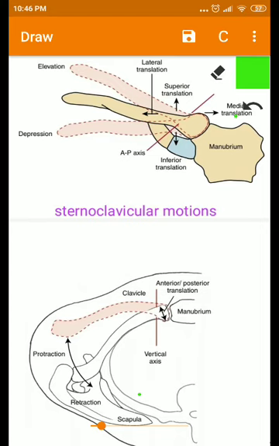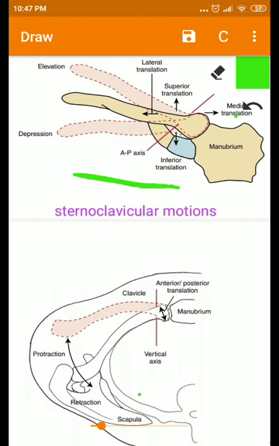In the case of clavicular rotation, the rolling of the entire clavicle occurs. So with this motion, you will not have any visualization problem, which normally occurs in the other movements.